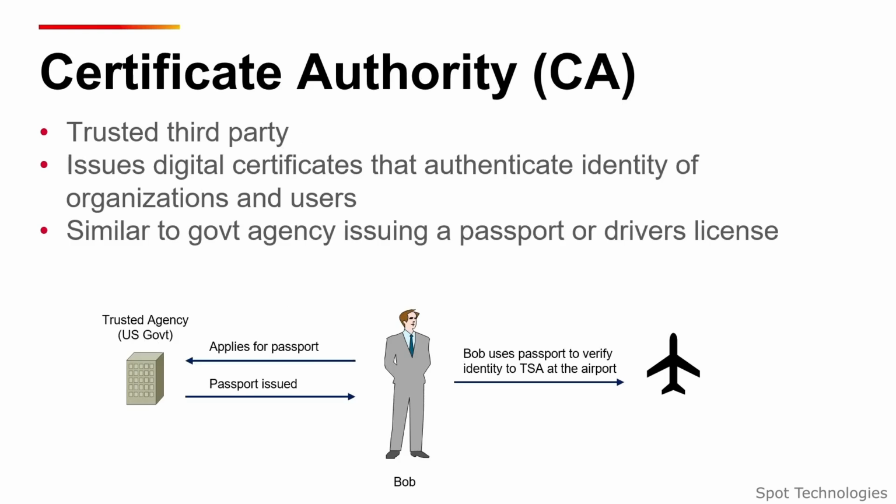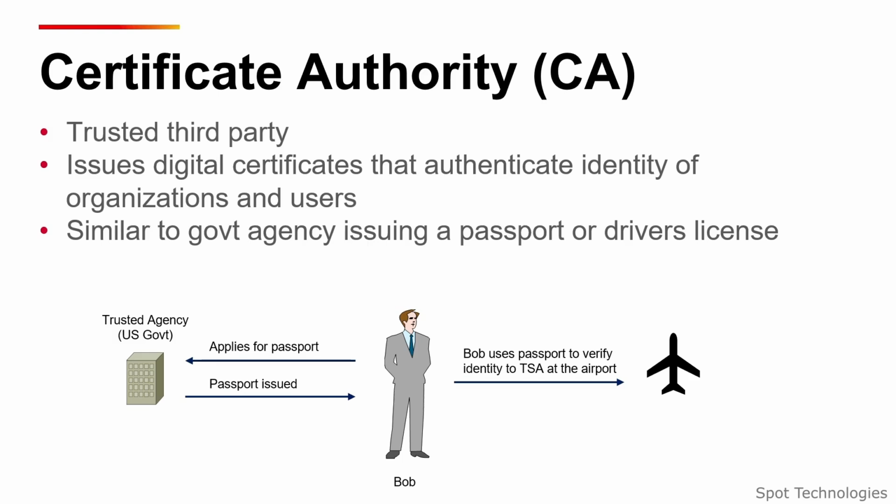To have an analogy in how this is going to work, we can use an example of traveling and having a passport. There's a trusted third party, that's the certificate authority, and in the passport example, that would be some government agency. That agency issues a digital certificate, or in this case a passport, that can authenticate the identity of an individual.